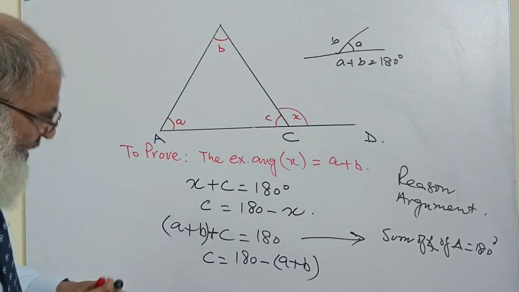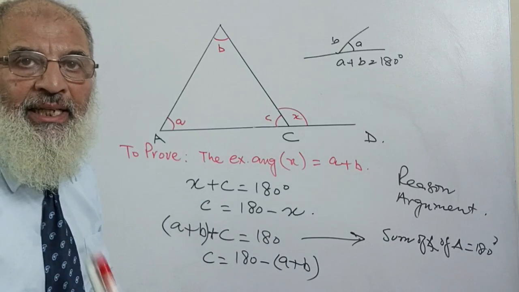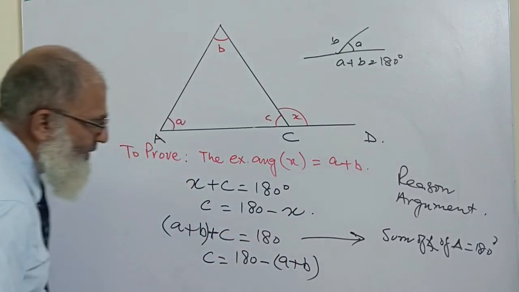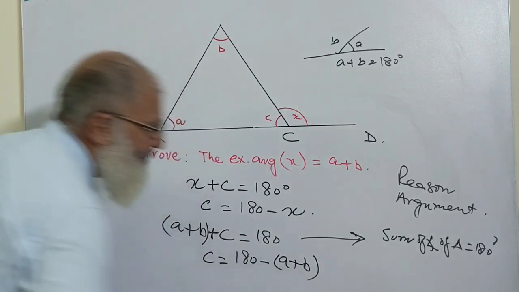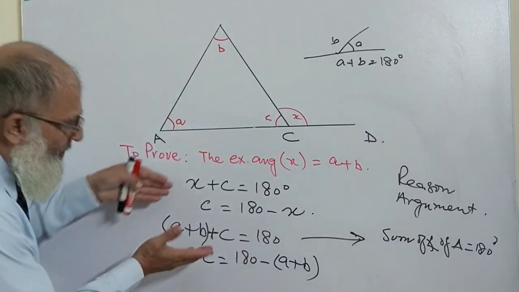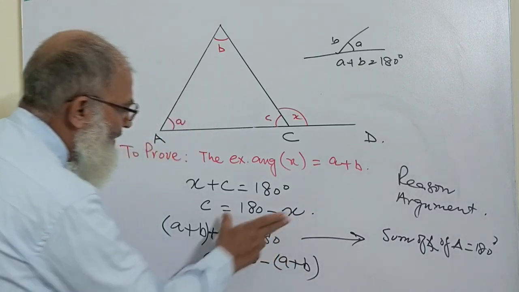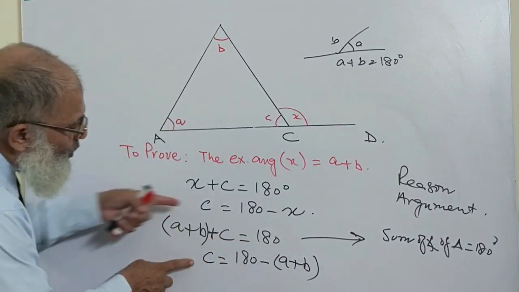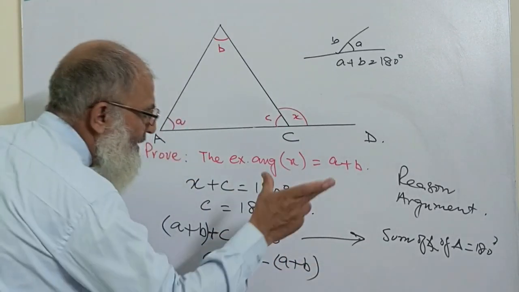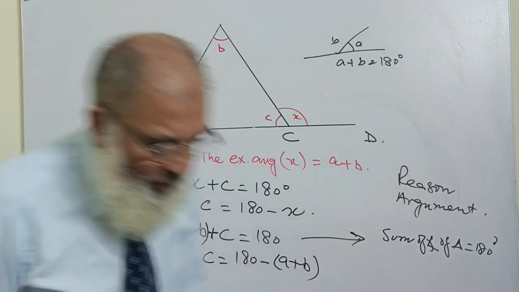Now you see, my dear students, that we have two terms that are equal to C. C is equal to 180 minus X. C is equal to 180 minus (A plus B). Then we compare the both. When two things are equal to C, then the two right hand sides are equal, and we can easily compare them. Got my point or not?